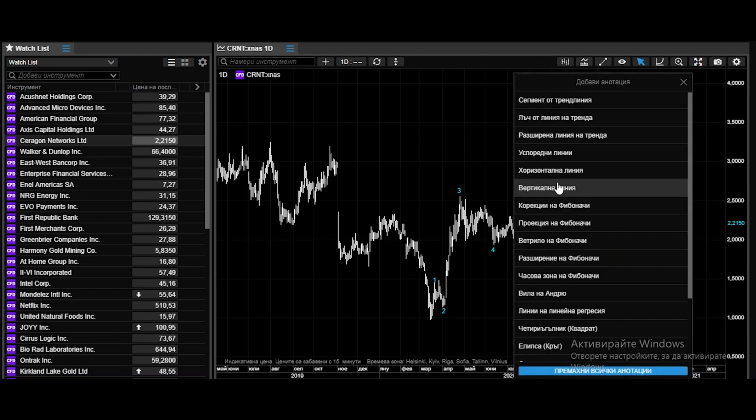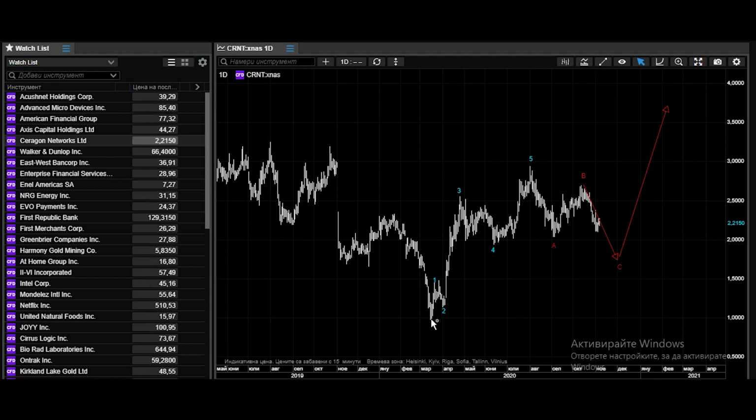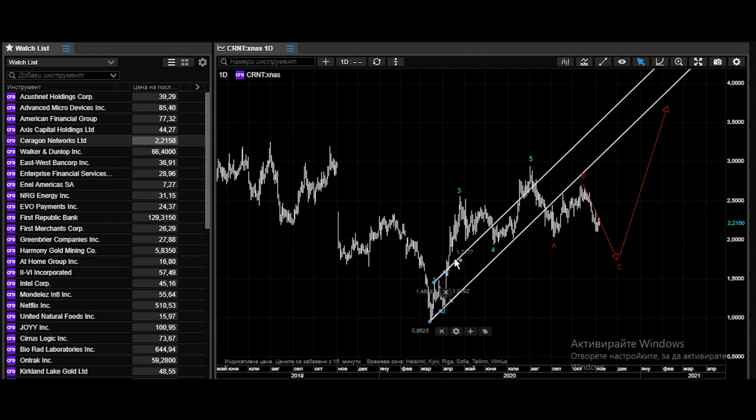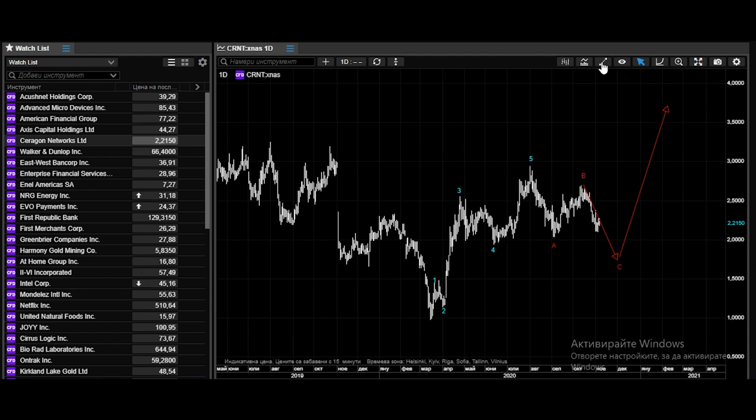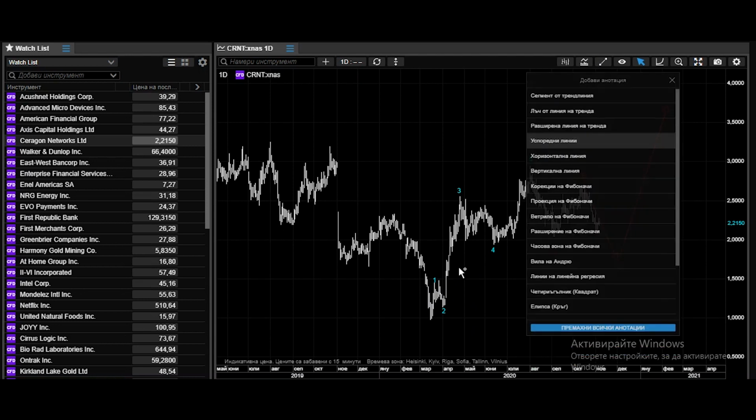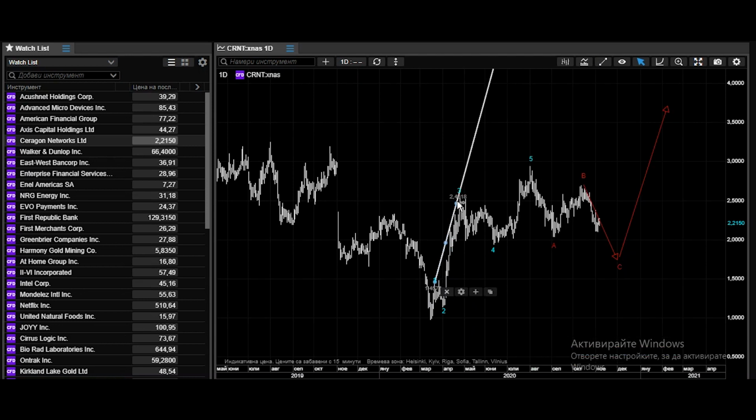Now we draw the base channel and the price makes a significant breakthrough in the channel, which means that this maybe is the third wave. Then the acceleration channel: we start from the end of wave 1 through the end of wave 3 and parallel through the end of wave 2.